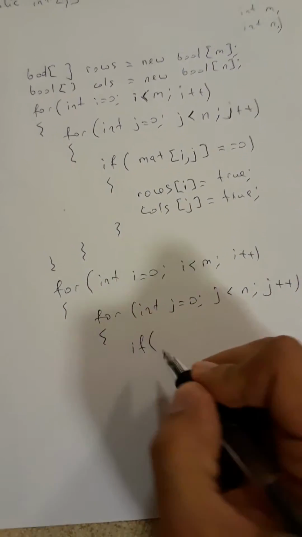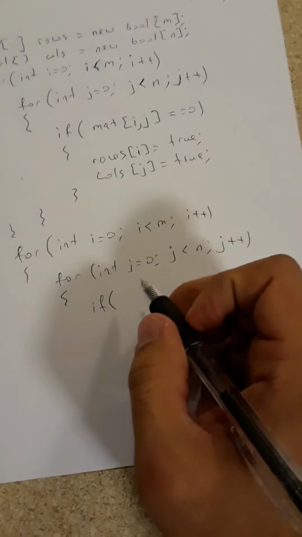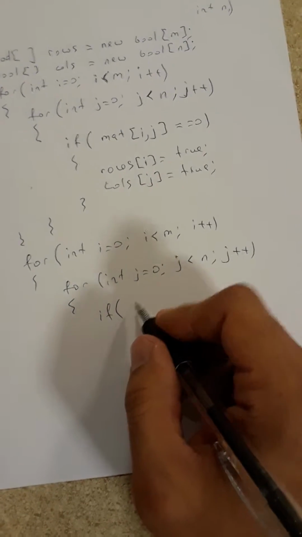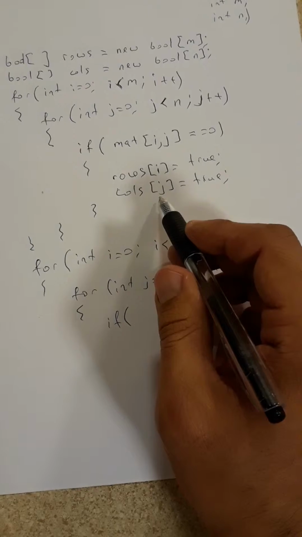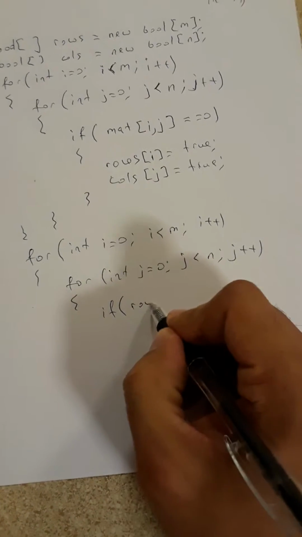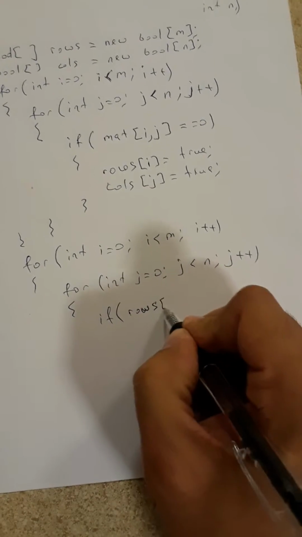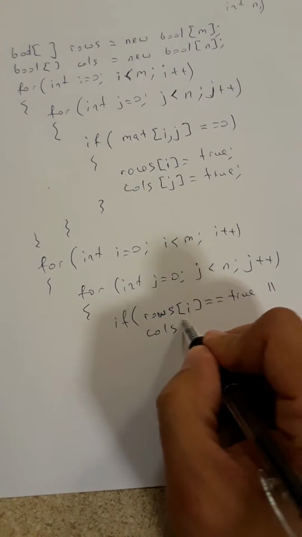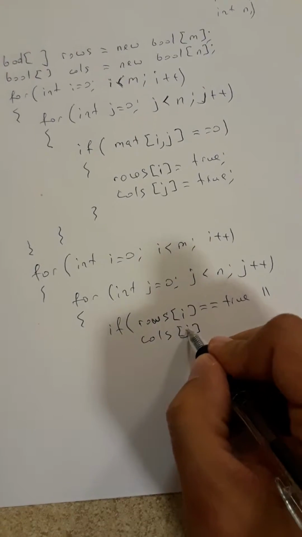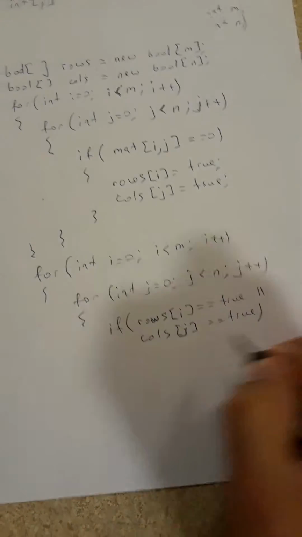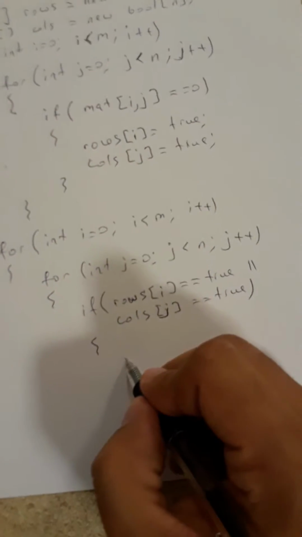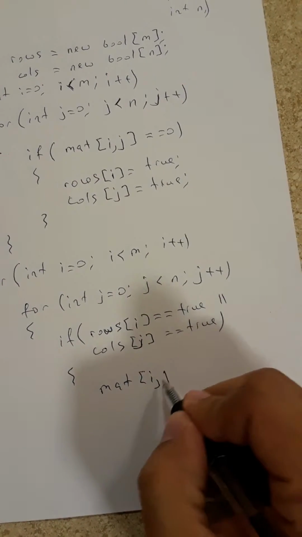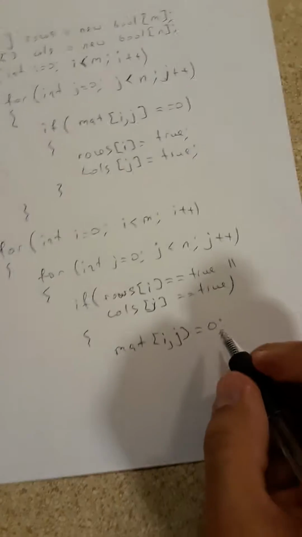Here, if either the rows array at i is true or the columns array at j is true, I will reassign the value inside the matrix to 0.